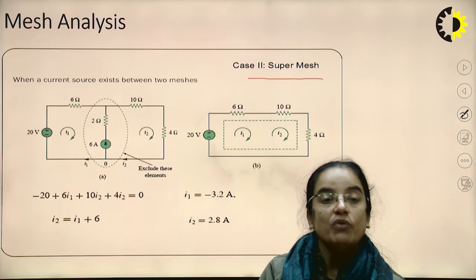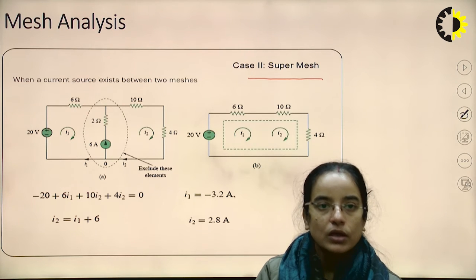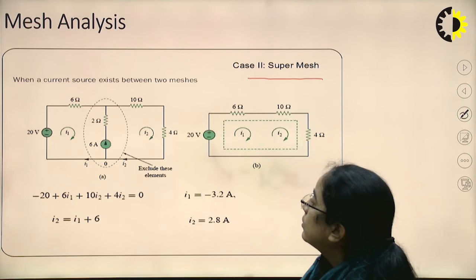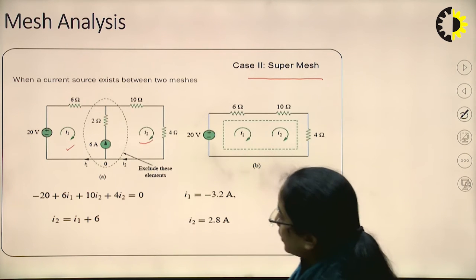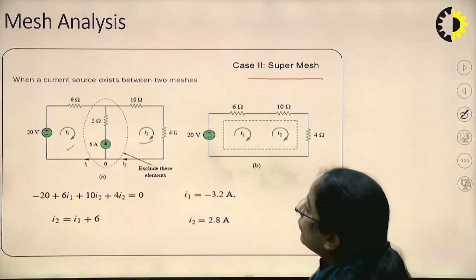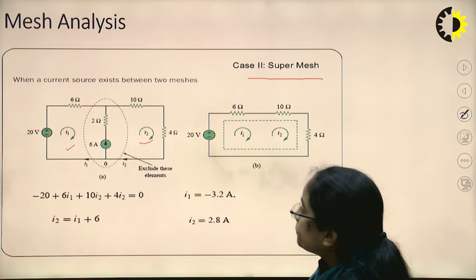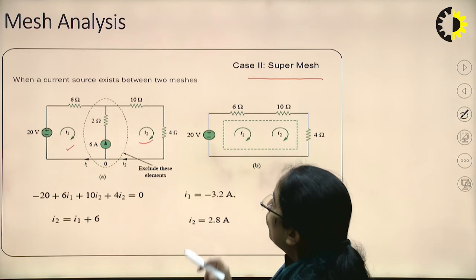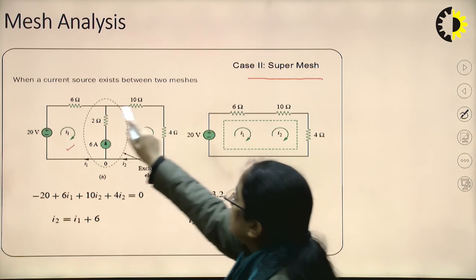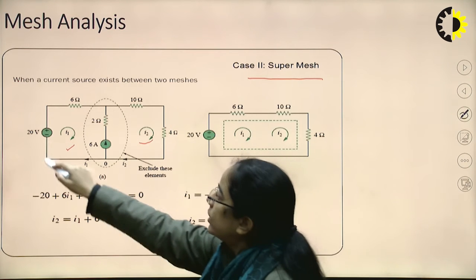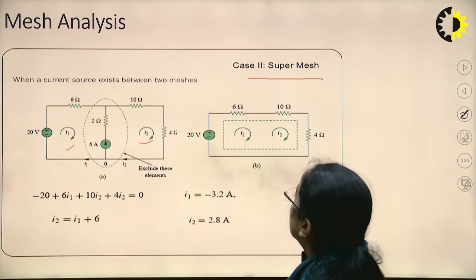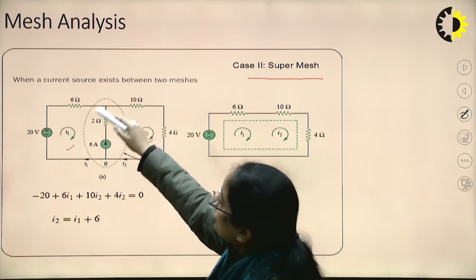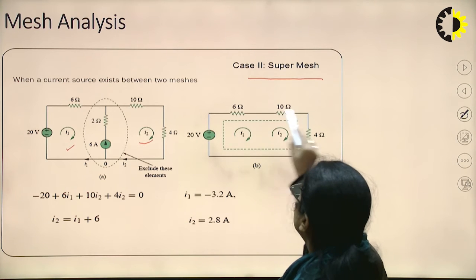So how will we write the equation? Here two mesh currents I1 and I2 are assumed. We will write the equation in this part only, and in this part. If we exclude this part, this will be the network.